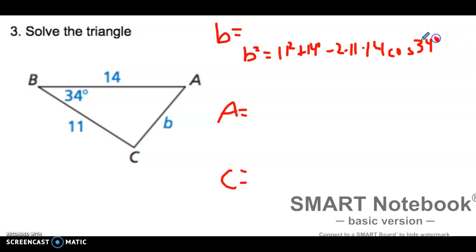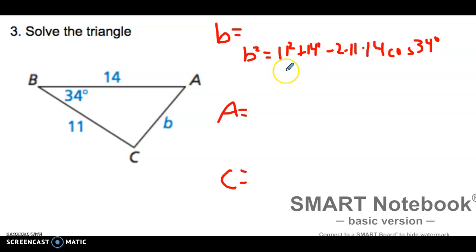So this time I'm going to be solving for B. Now the cool thing with graphing calculators, not just good for graphing, but on this one I can just go ahead and put that whole equation into my calculator. Just be sure that you put it in correctly. So you have 11 squared plus 14 squared minus 2 times 11 times 14 times the cosine of 34 degrees.